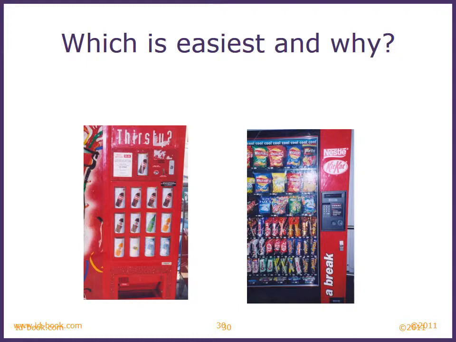The first vending machine has been designed using simple instruction. There is a small number of drinks to choose from, and each is represented by a large button. For each drink, the user simply has to press one button and gets the selected item returned. The second machine on the right is more complex, offering a wide range of snacks, a trade-off for providing more choices.